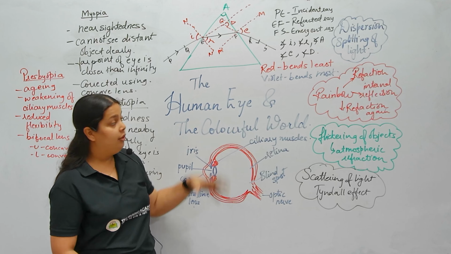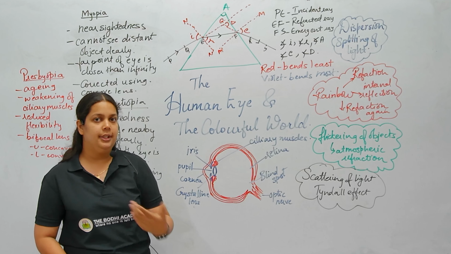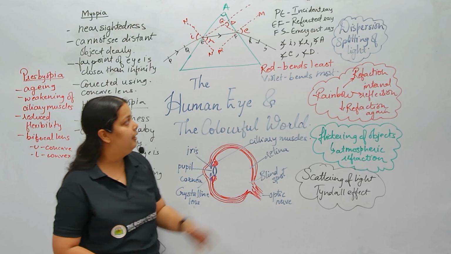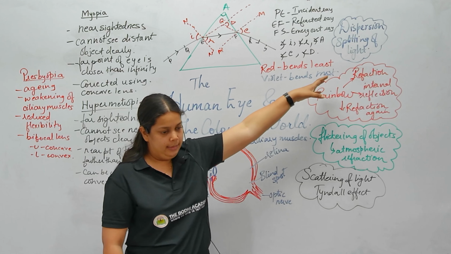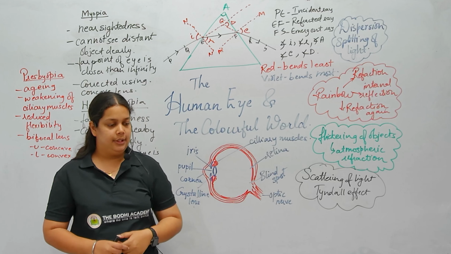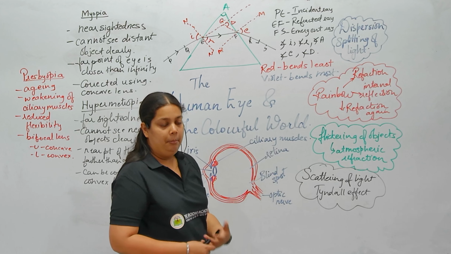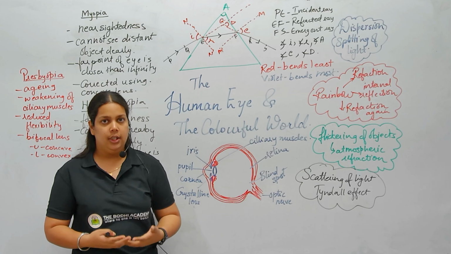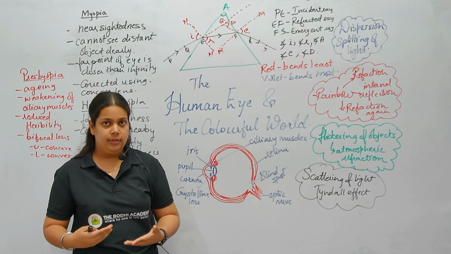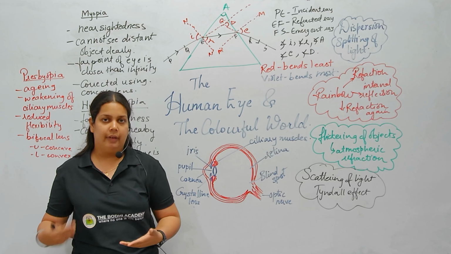The splitting of white light into its constituent colors is called dispersion of light, and white light disperses into 7 colors when it passes through a prism.